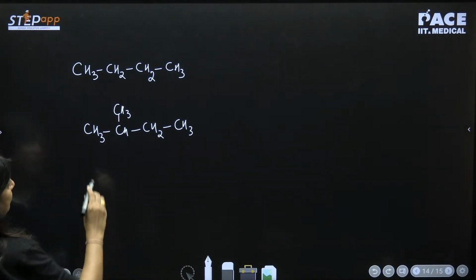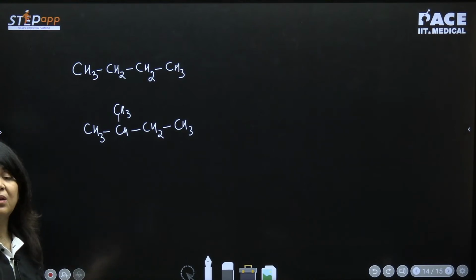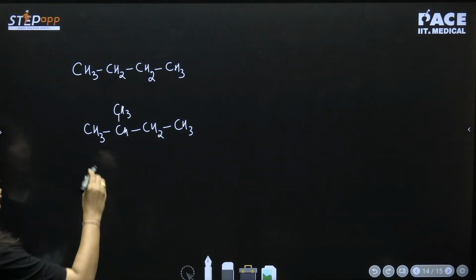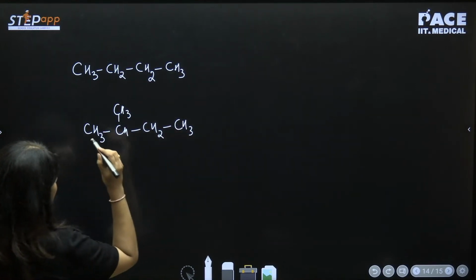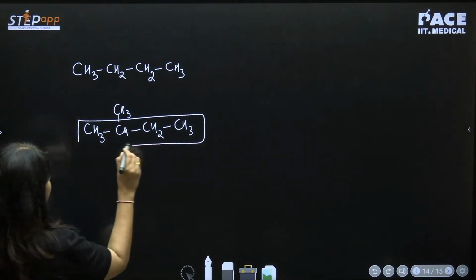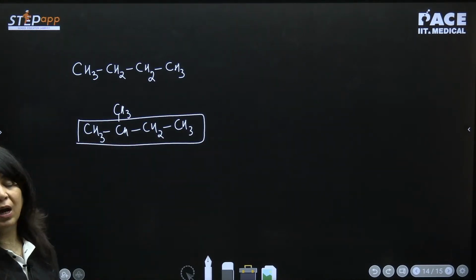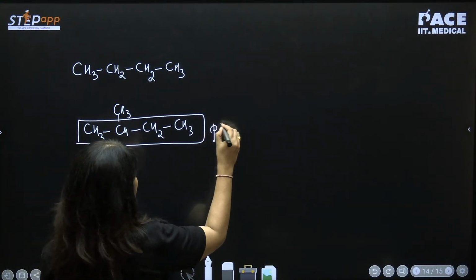In the sense, I could take maximum 4 carbon atoms here in a chain. I could take these 4 or I could take these 4 in a chain. So the longest chain here can have maximum 4 carbon. So this longest chain becomes the parent chain.